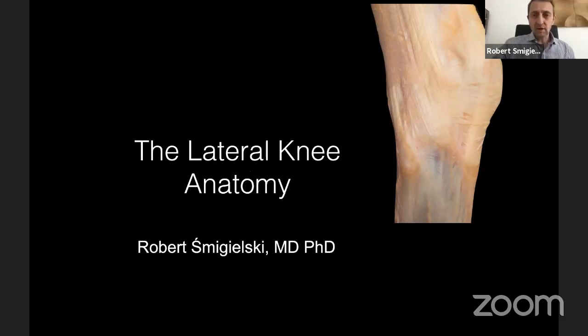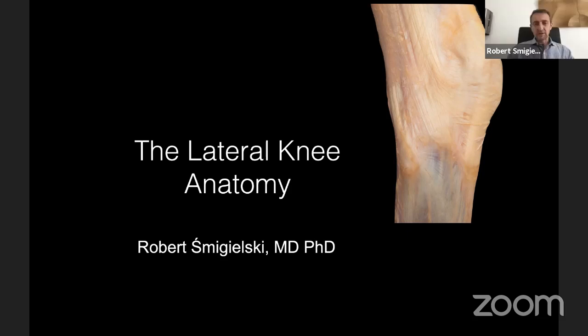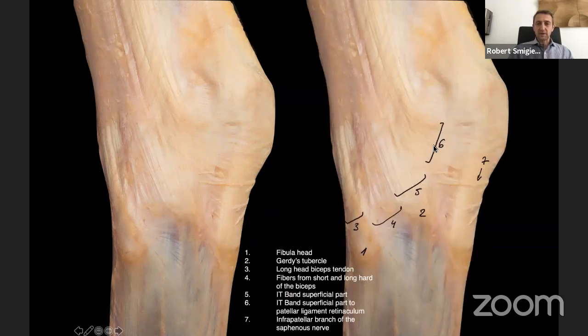I'll talk a little bit more about the lateral anatomy from the anterolateral to the posterolateral. This is the superficial anatomy. You can see some fibers running from the IT band, curving and going across the patella to the medial side. This is the Gerdes tubercle, and this is the explanation.